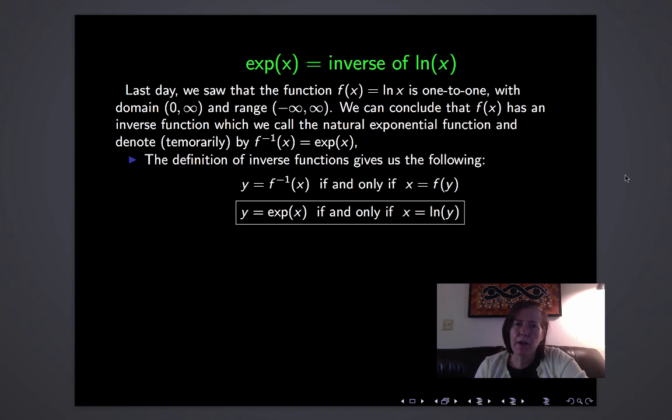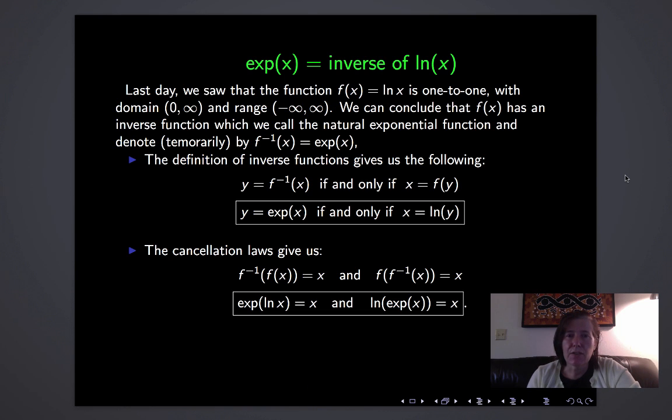From the definition of our inverse functions, if you review lecture 1, you'll see that y equals f inverse of x if and only if x equals f of y. So we have y equals the exponential of x if and only if x equals the natural log of y.